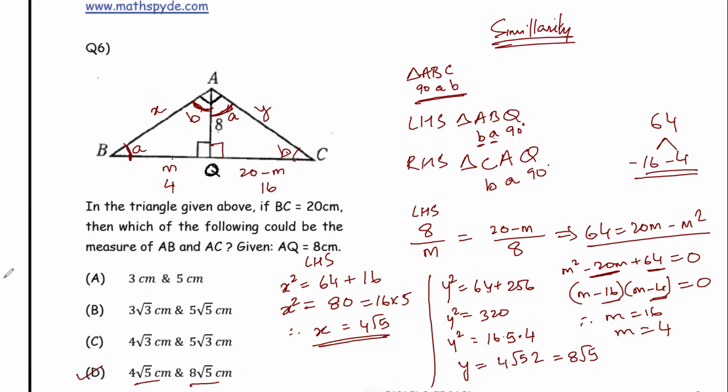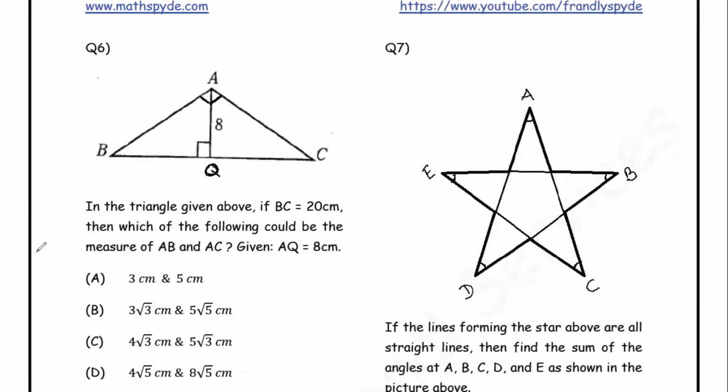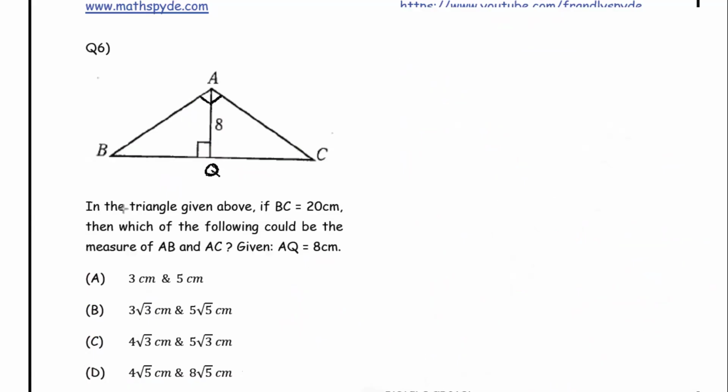Now let's use Pythagoras theorem. So using Pythagoras theorem, suppose this is x and y, and this is m and 20 minus m.